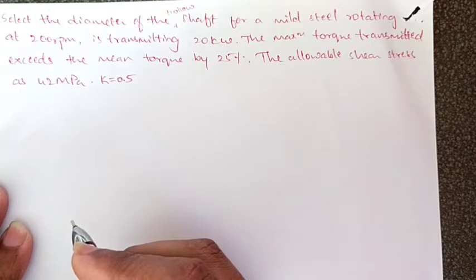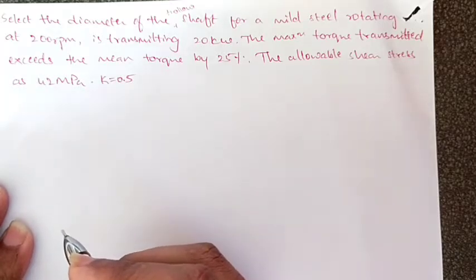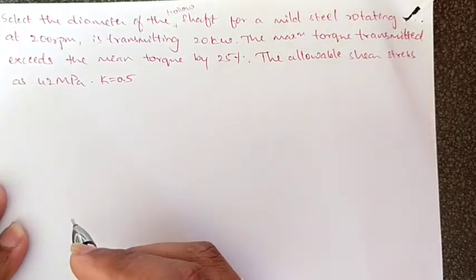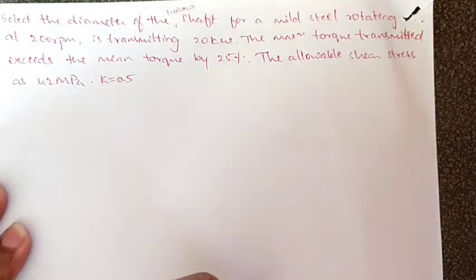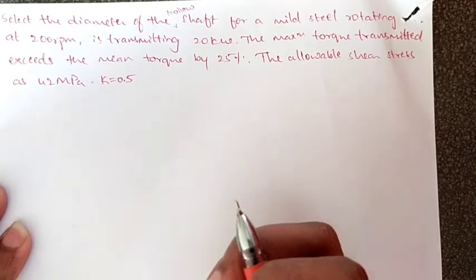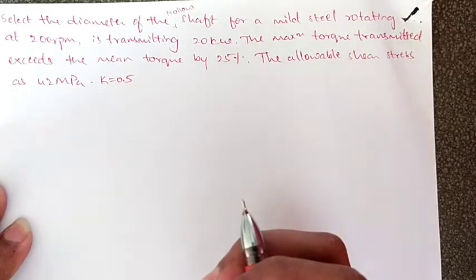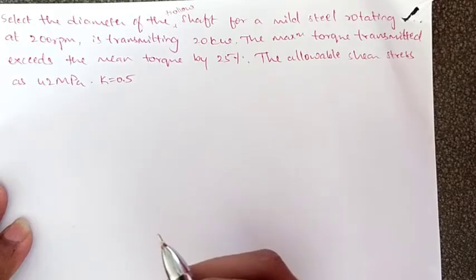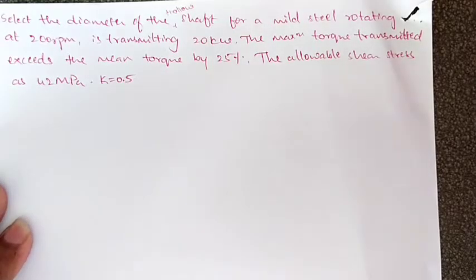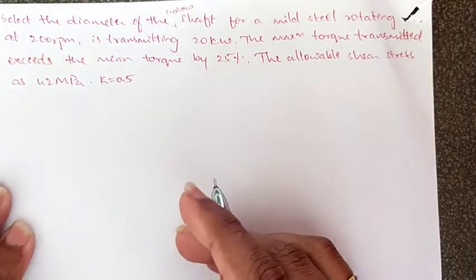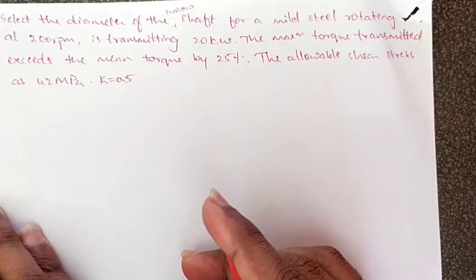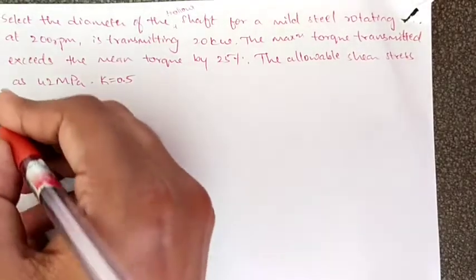The maximum torque transmitted exceeds the mean torque by 25%. So 25% extra is given, that means 1.25. The allowable shear stress may be taken as 42 megapascal. So the allowable shear stress is directly given. Then the K value is given. What is K? K is always inside diameter by outside diameter. Now we will go on taking the given data.